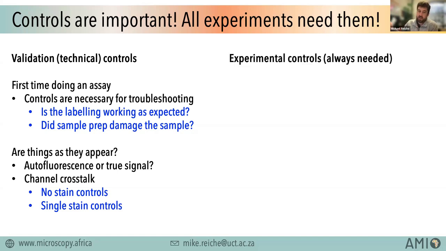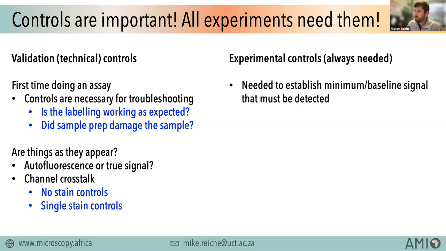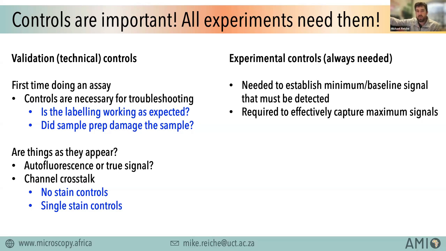Then on the other hand, you've got experimental controls, which you always need to include if you're doing a biological experiment. This allows you to establish baselines or minimums that can help you in identifying the correct parameters or microscope settings that you need. You also use them for understanding what might be the most signal that you need to capture in order to normalize your results appropriately.